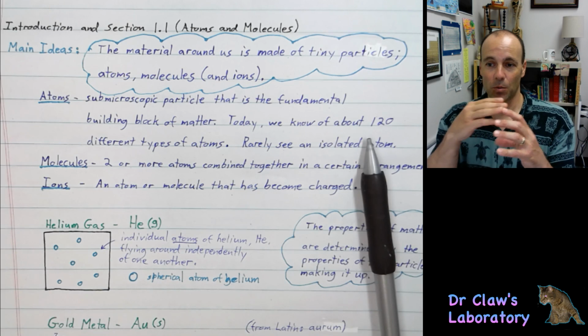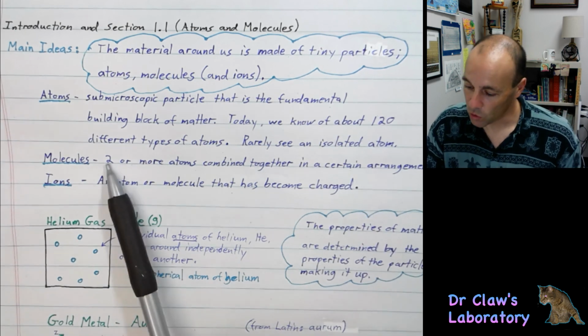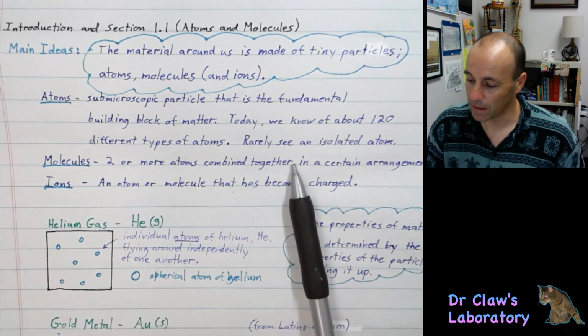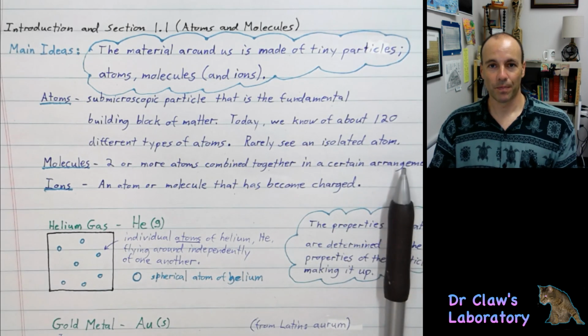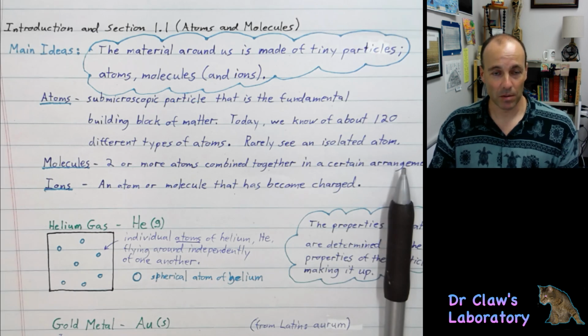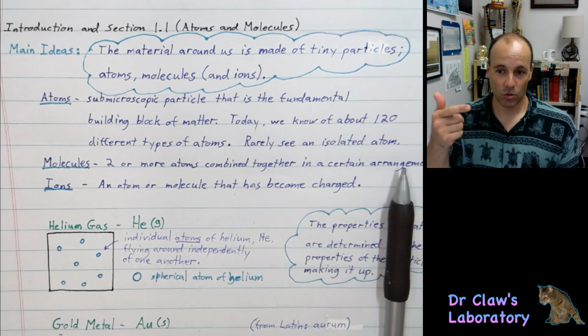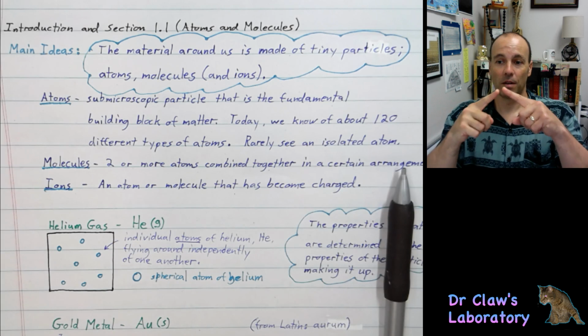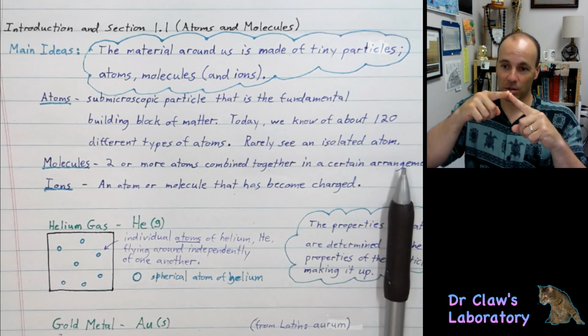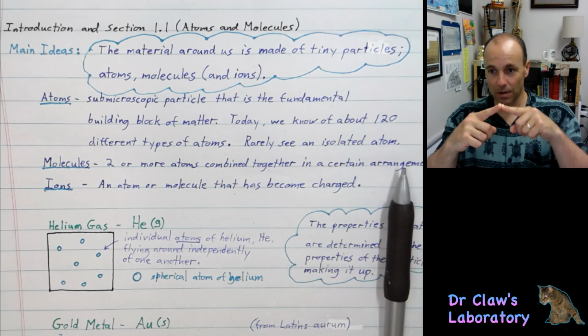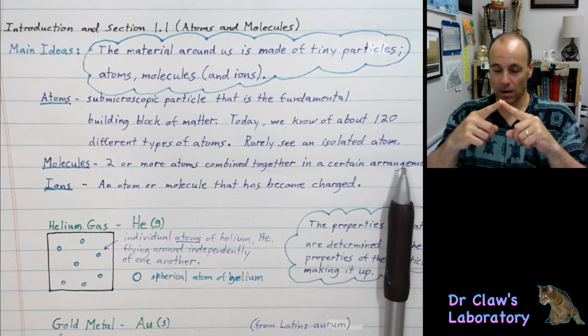So molecules are what you have when 2 or more atoms are combined in a certain arrangement. For instance, a water molecule has 3 atoms in the molecule: an oxygen atom and 2 hydrogen atoms, and they're combined in a triangular arrangement. The oxygen is right here, and it's attached to the hydrogen over here and the hydrogen over there.